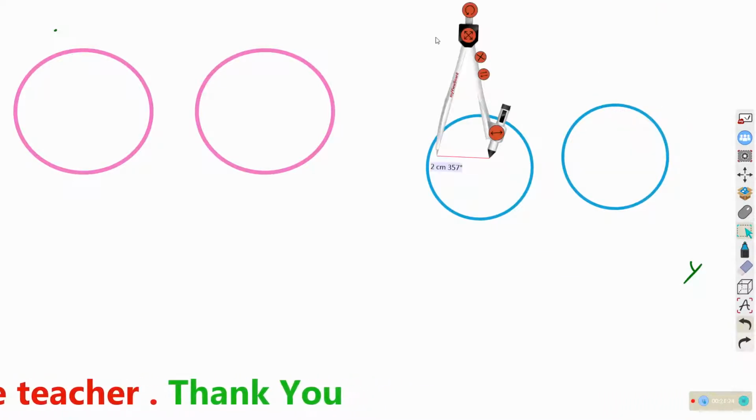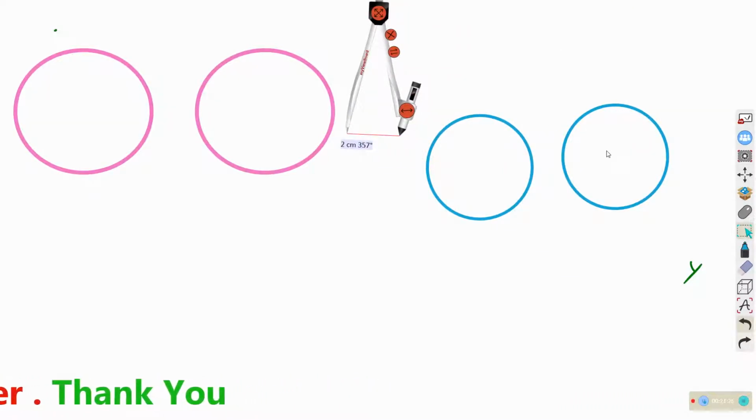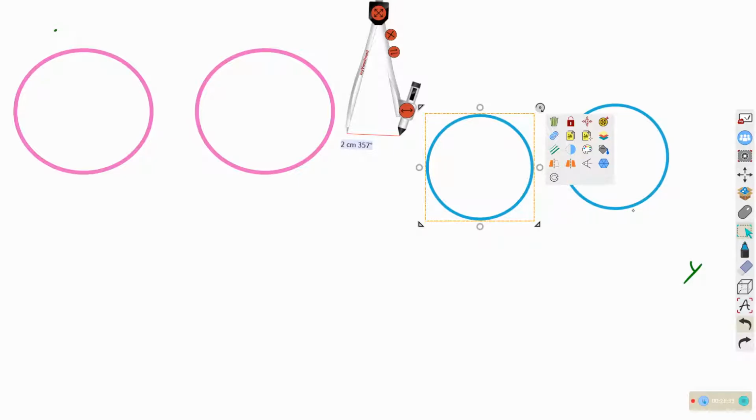2 centimeter. So we mark the center of each, here and here, exactly where the compass point is. P is the center, Q is the center.